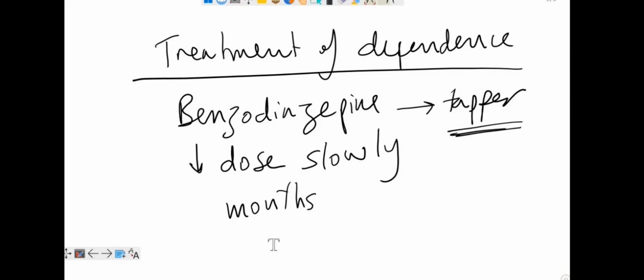The second group are the non-benzodiazepine anxiolytics. We talked about the benzodiazepine anxiolytics, and now we'll talk about the non-benzodiazepine anxiolytics.